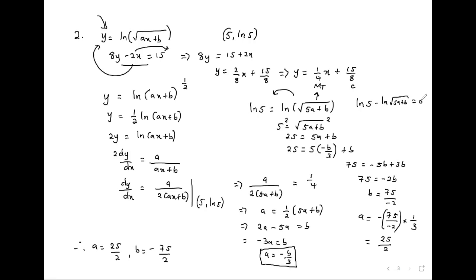That is, ln of 5 over the square root of 5a plus b is 0. But for ln, the base is e. So e power 0 is 5 over root 5a plus b. E power 0 is 1. So you get 1. When you cross multiply, you have root 5a plus b is equal to 5, meaning you get back to this line and start operating. Oh, I got that. The properties of logarithms must not be forgotten.